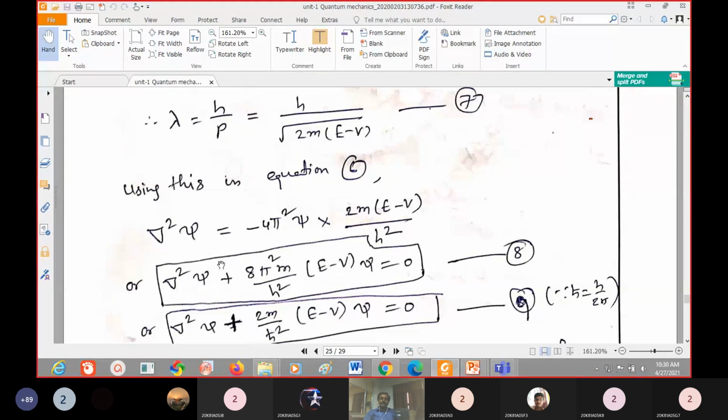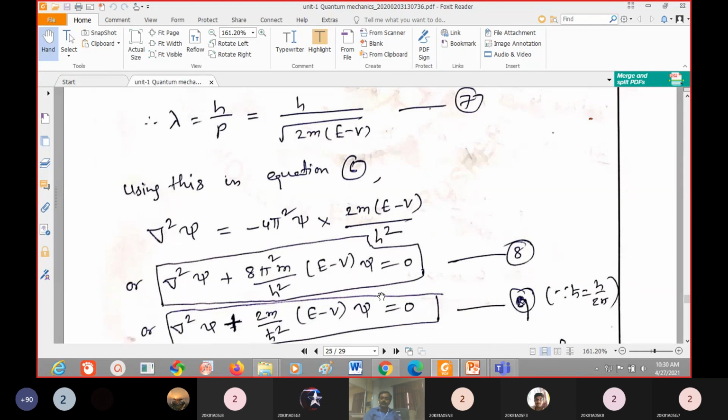So the final equation becomes del square psi is equal to minus 4 pi square psi into 2m (E minus V) by h square. If you simplify this equation, 4 into 2 is 8, and if you bring this to this side, it becomes plus. So the final equation is del square psi plus 8 pi square m by h square into (E minus V) into psi is equal to 0.